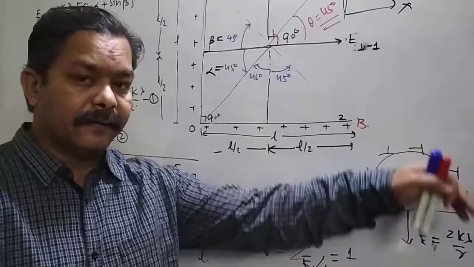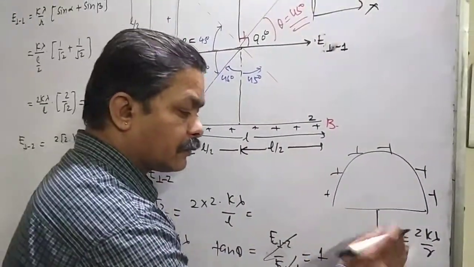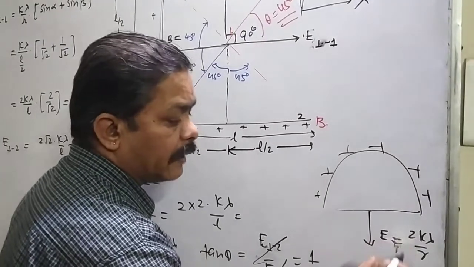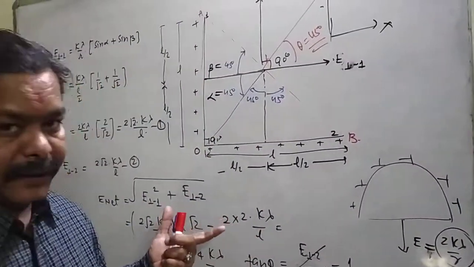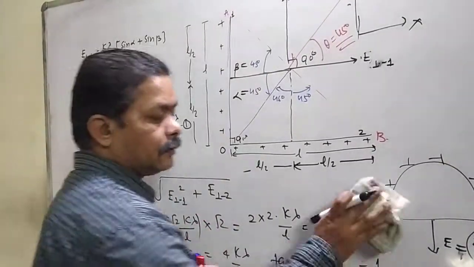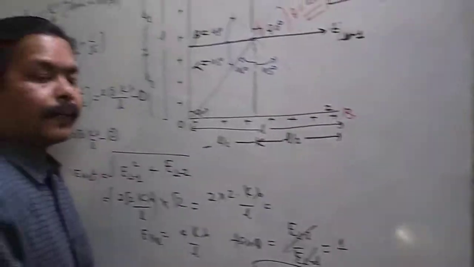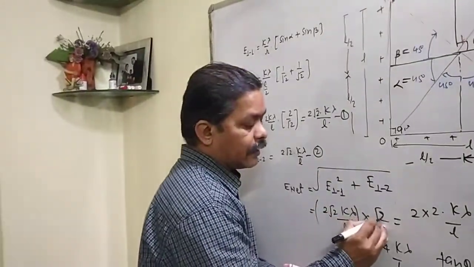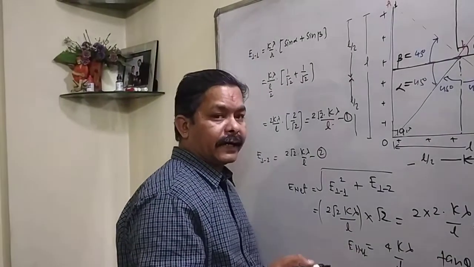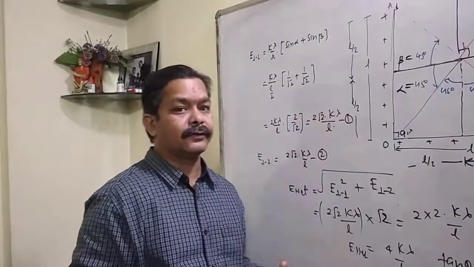No doubt, we will derive this formula tomorrow. The electric field comes to 2K lambda upon R, very similar to the electric field due to an infinite wire. Thank you. Tomorrow we will discuss the electric field due to the semicircular wire and other applications of the semicircular and straight wire. Okay, thank you.